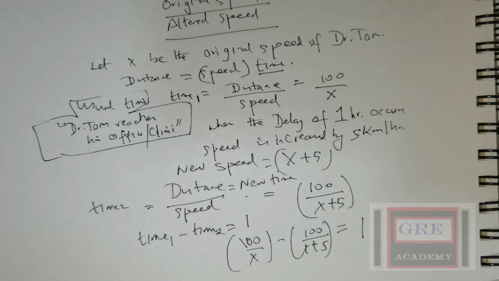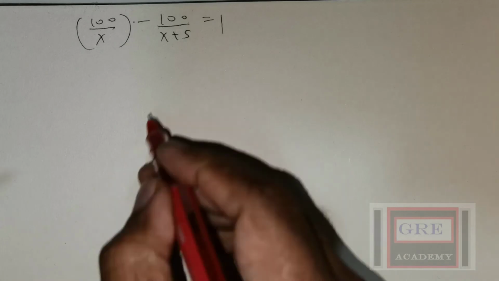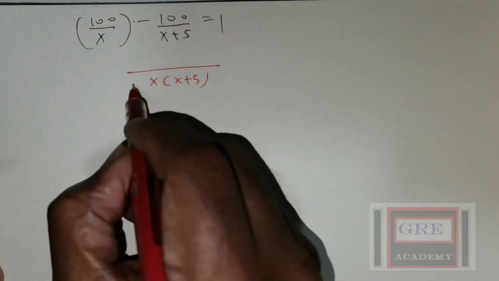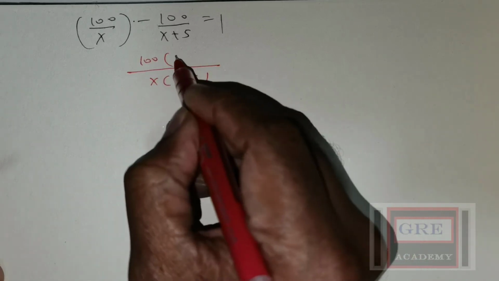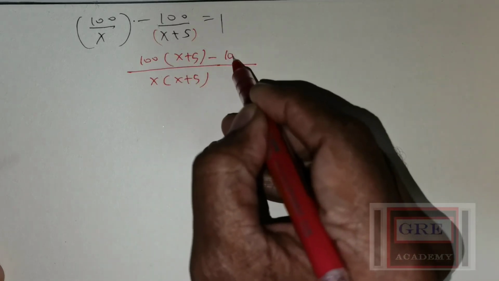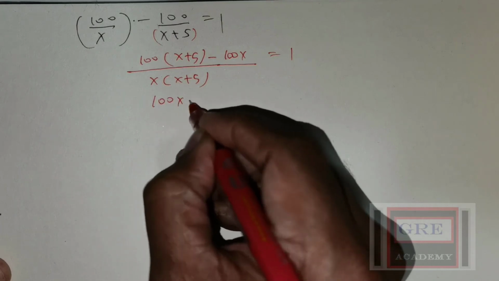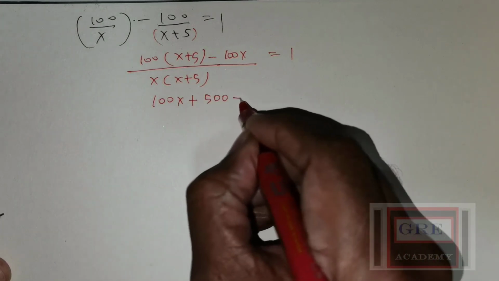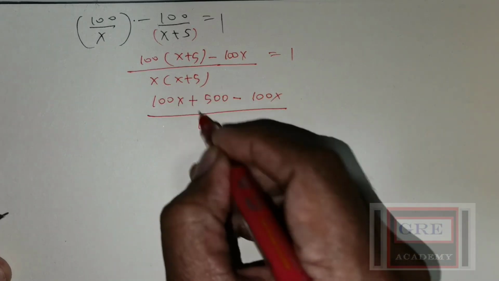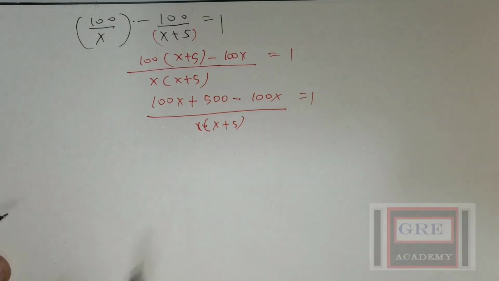So let us see how we would be able to solve this. Now what we are going to do is take the LCM as x times x plus 5. So this would give us 100 times x plus 5 minus 100x is equal to 1. I can rewrite this as 100x plus 500 minus 100x divided by x times x plus 5 is equal to 1.